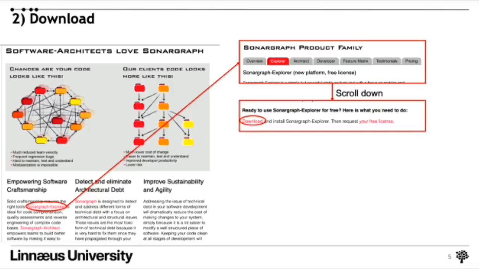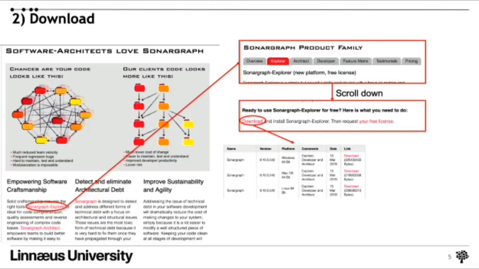Okay? Then a new page will appear, and you have different types of Explorer. Again, make sure you read Explorer under the comments column, okay? And then you can pick the version that you prefer. You have Windows or Mac or Linux. Download the one you prefer according to your operating system.